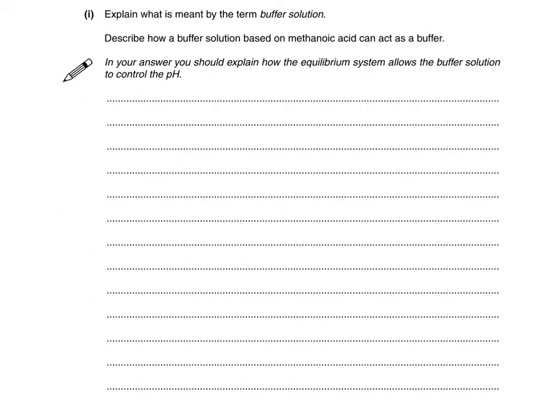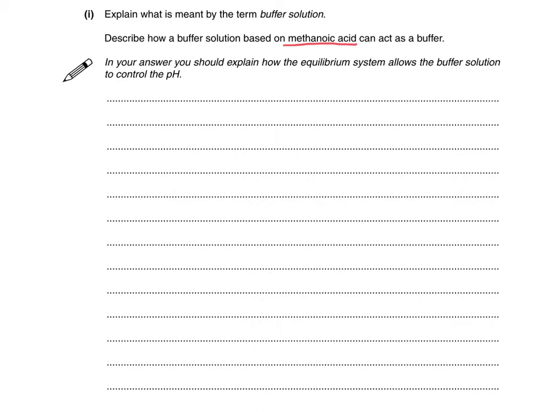Okay, we've got a 7 marks buffer question, and this one is based on methanoic acid. All too often, unfortunately, people are using H plus and A minus rather than the actual chemicals involved.